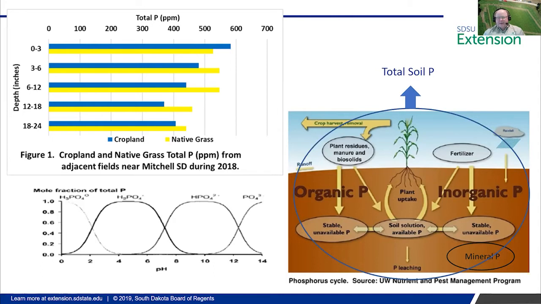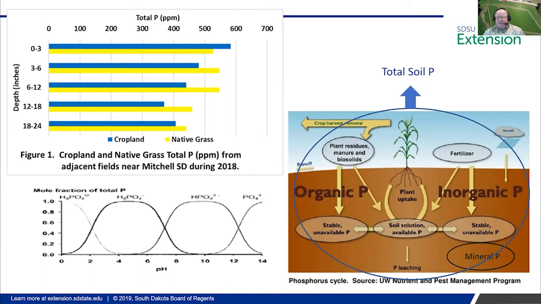So, but I think the important thing to note is phosphorus is being extracted all the way down. That native grass is higher than that cropland. That cropland, we're assuming, started at the same point the native grass did. That's our assumption because it's right across the fence.